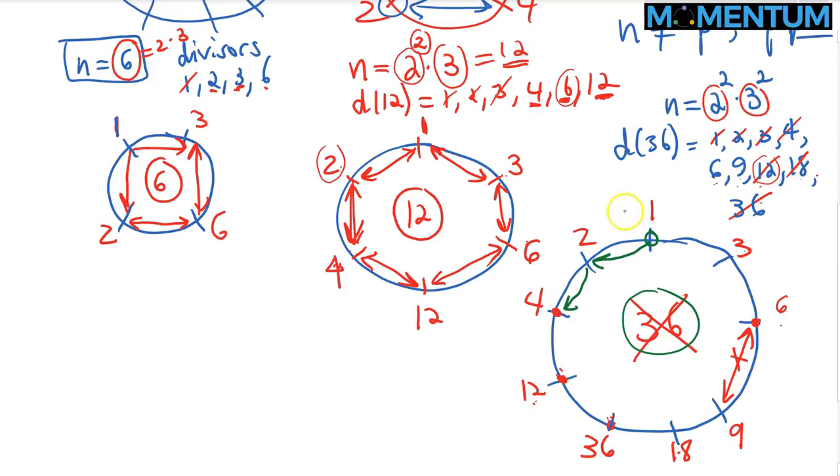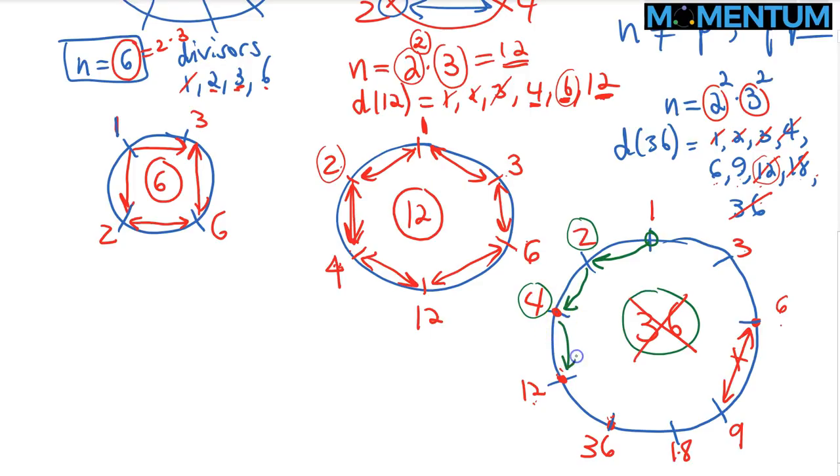So therefore, in the prime representation of any given two adjacent numbers, they differ by a prime, right? That's the main idea going on here in general.